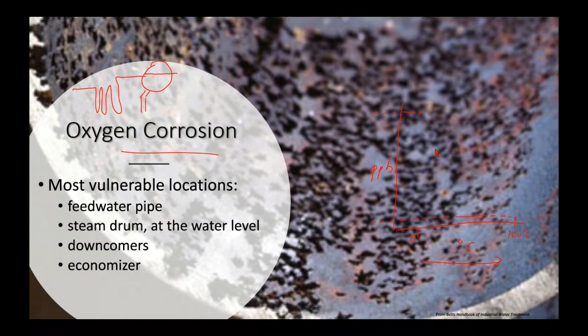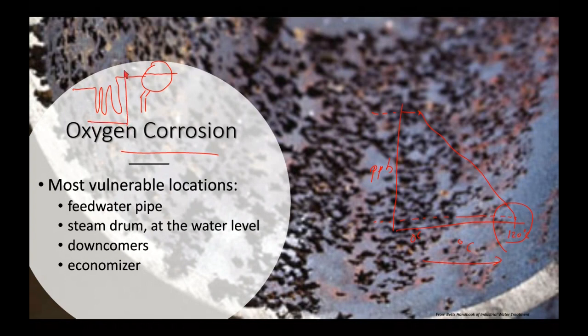Let's say 0 degrees Celsius. And so what we get is this negative solubility curve. What this is really saying is the solubility decreases at higher temperature.